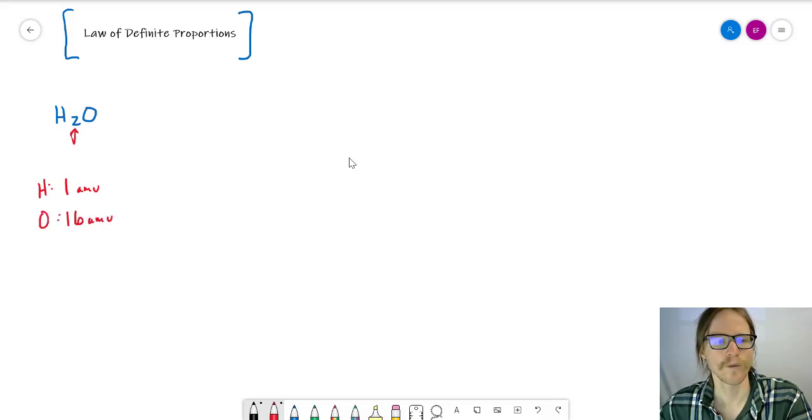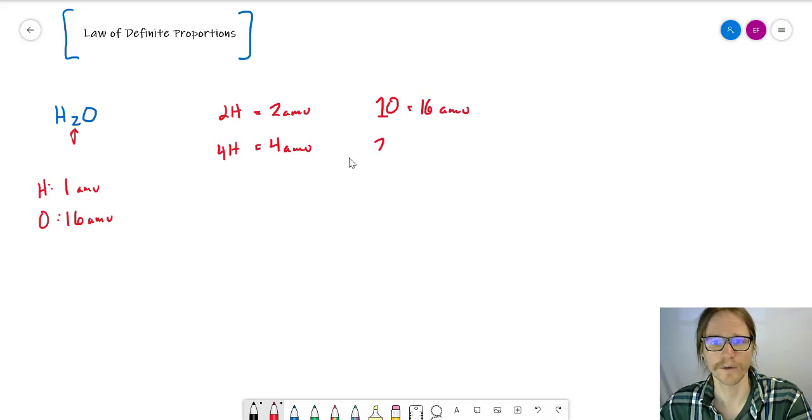So in 1 molecule of water, we would have 2 hydrogens, which is 2 AMUs, and we would have 1 oxygen, which is 16 AMUs. But what if we had 2 molecules of water? We would have 4 hydrogen, which is 4 AMUs, and how many oxygen atoms would we have?